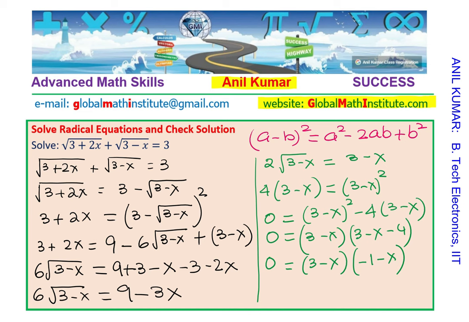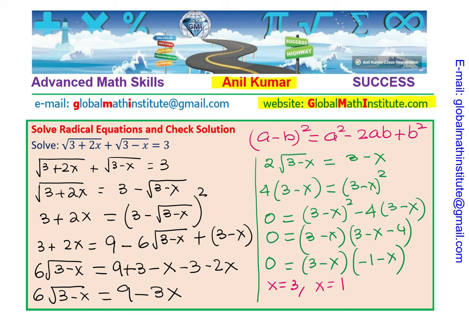And this actually gives us two solutions, x equals 3 and the other one is x equals 1. Now see, we have two solutions. We should actually check whether they do give us the right answer or not. You get the idea? So we have two solutions which we are now going to check: x equals 3 and x equals 1.